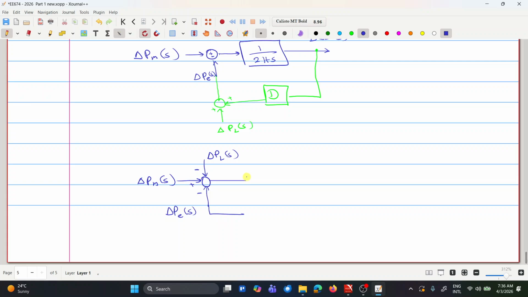Then you have here 1 over 2HS, delta omega S. So this is the block diagram form with the generator plus the load, so the generator attached to the load.